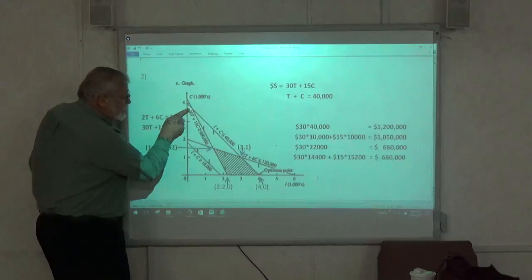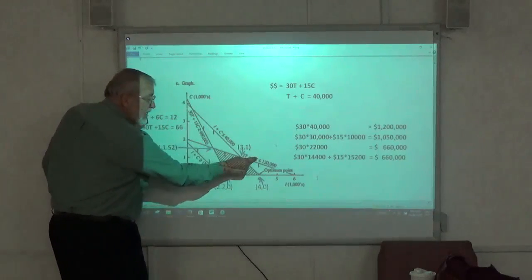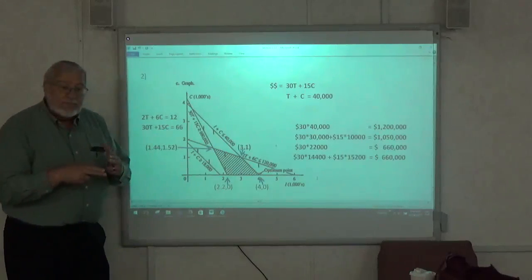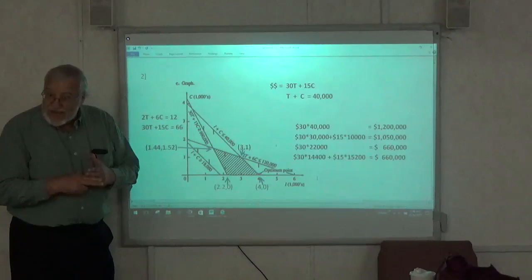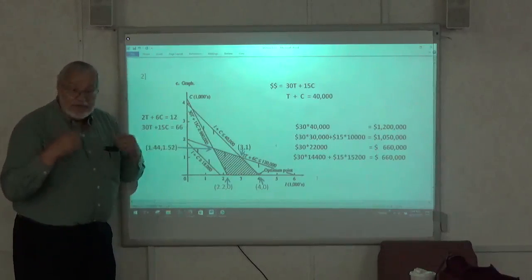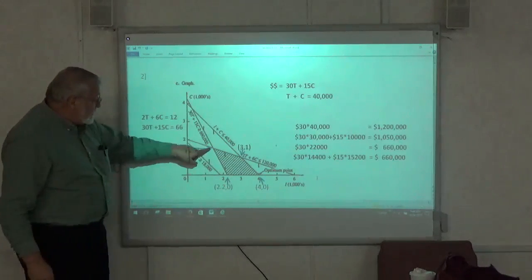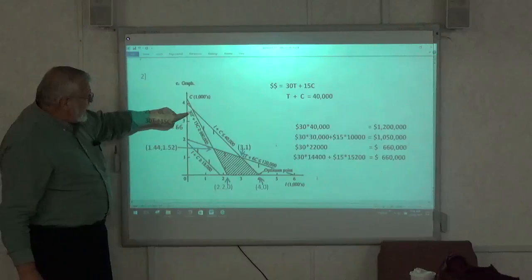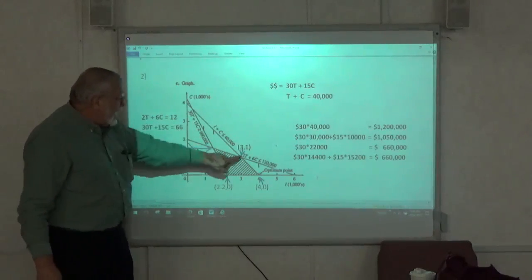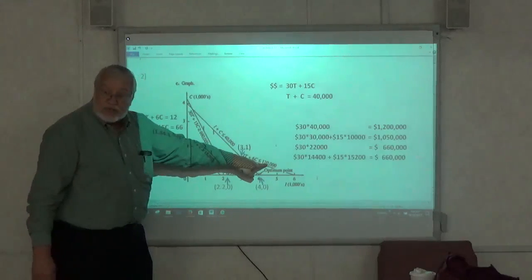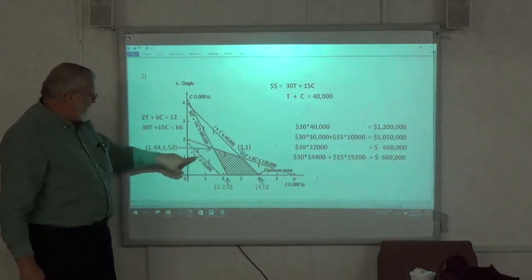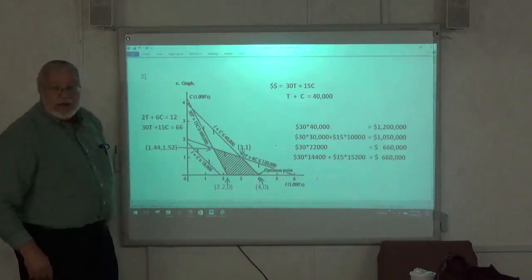It is the solution of this equation and that equation together. That's what we were doing in the previous chapter: 2 equations and 2 variables and finding the solution. The solution is this point if you take 30t plus 15c equals 660 and 2t plus 6c equals 120,000. Those 2 things right there will be that point, and it ends up being 1.4 and 1.5.